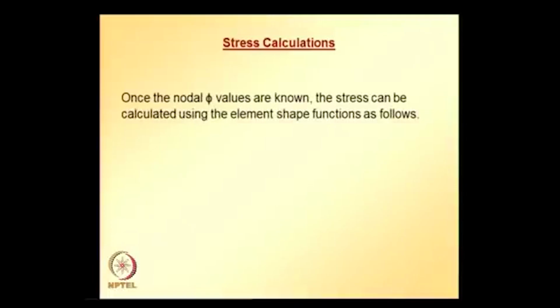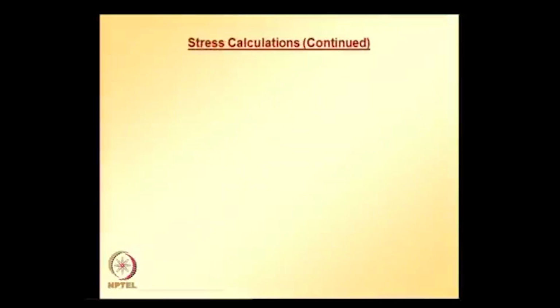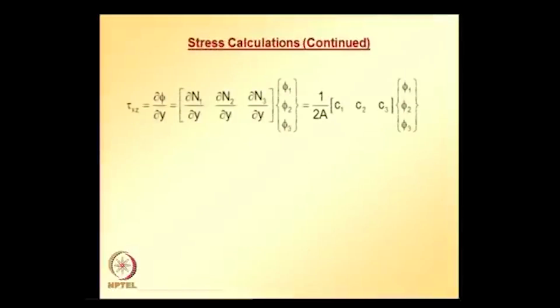Once the nodal values are known, stresses can be calculated using element shape functions. So, the stress function or stress potential value at any point inside the element can be interpolated using this equation, and taking the derivative of that we get the stress components.